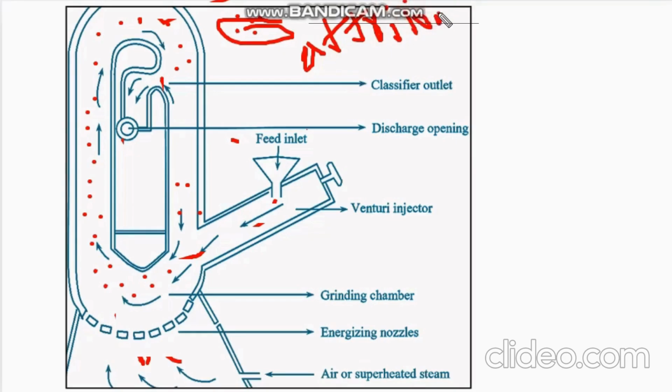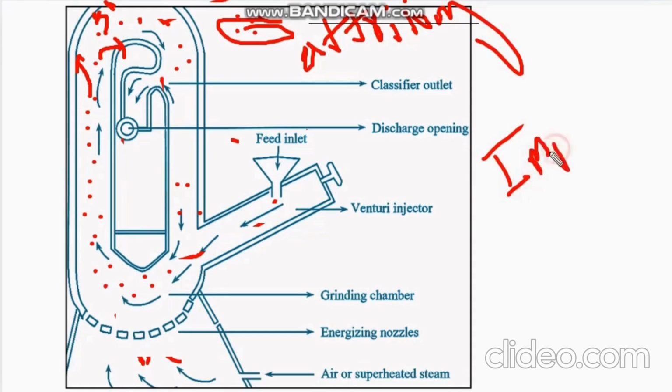And the next one is that these powder particles will collide with the pipe, or you can say the grinding chamber. These powder particles will collide with the inside wall of the grinding chamber. So this leads to the impact mechanism. Because of these two mechanisms, the size of the sample gets reduced. That is, the size reduction takes place.